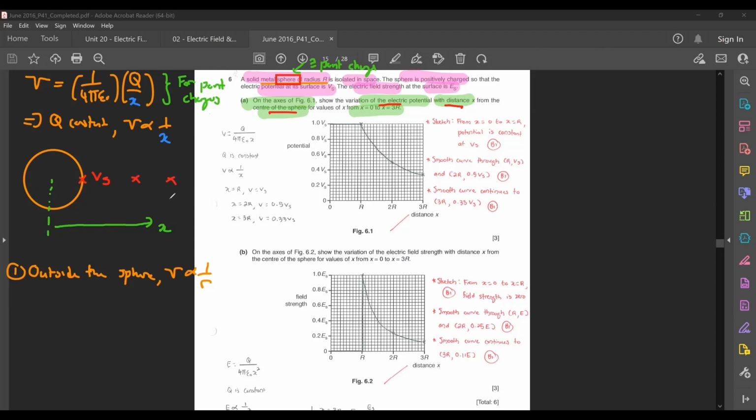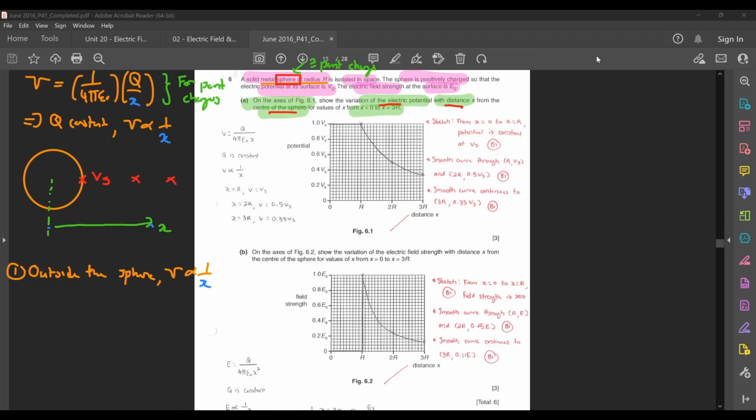Distance X. Okay, so outside the sphere, your potential is actually inversely proportional to X, because the question uses X. X here is the separation between your two charges. Your first charge is the main charge, and your second charge is the test charge that you place inside the field. So X here is the separation between the charges. R is also the separation of the charges from before. They're exactly the same variable.